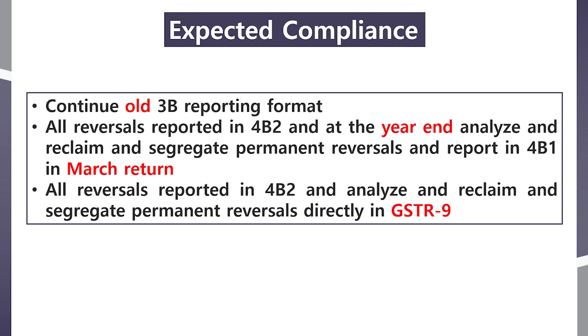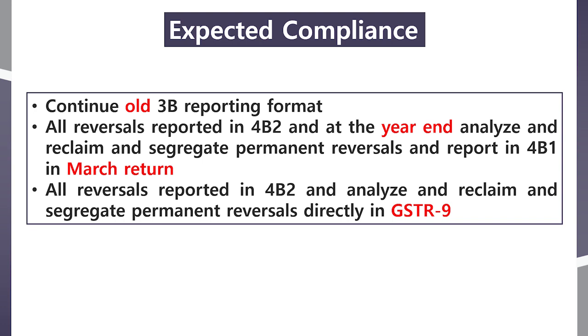All the variances between 2B and the books of accounts have to be tracked till September of the following year, transaction by transaction, and multiple reporting at different places has to be done very, very diligently. Even though there is an honest intention to comply, inadvertent errors may still creep in.